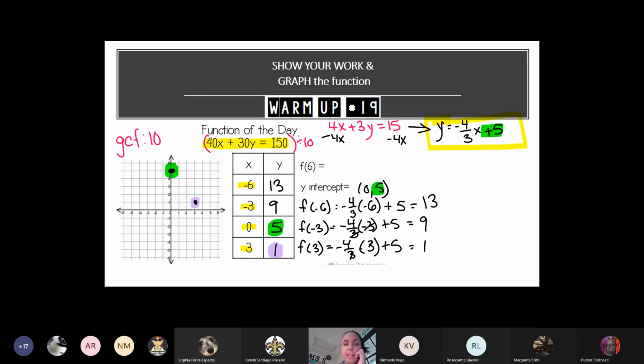And then I need to find f of 6. So negative 4/3 multiplied by 6 plus 5. That's going to be negative 8 plus 5, which is equal to negative 3. And I can also plot this point on my graph. So I'm at 6, negative 3, 1, 2, 3. And there's my point.